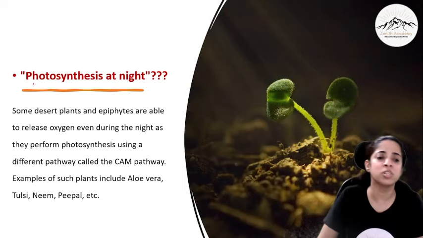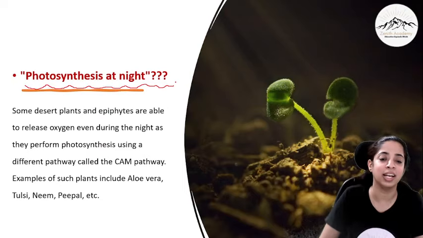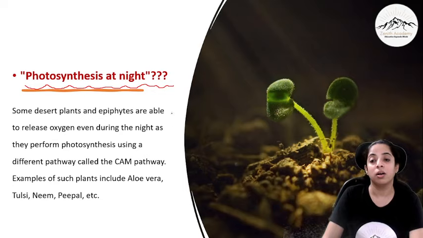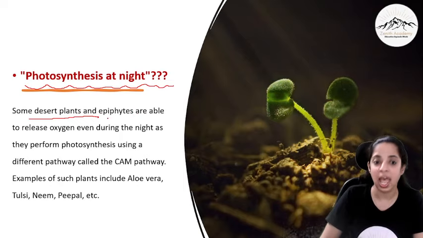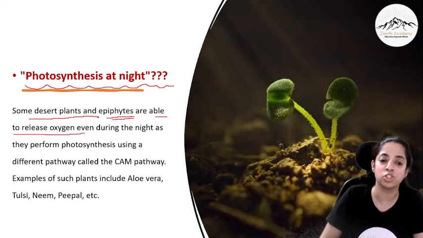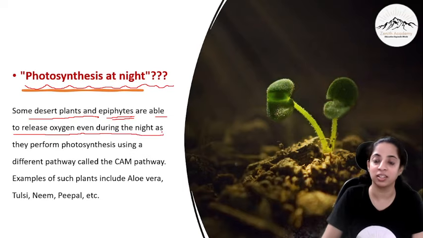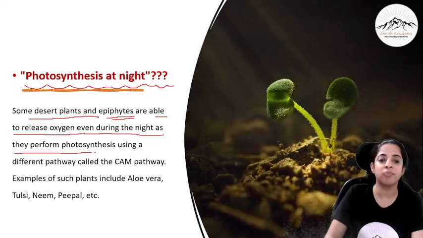Now, does photosynthesis take place at night? This is a very common question that students have. So see here children, some desert plants and some epiphytes are able to release oxygen even during the night, as they perform photosynthesis using a different pathway.